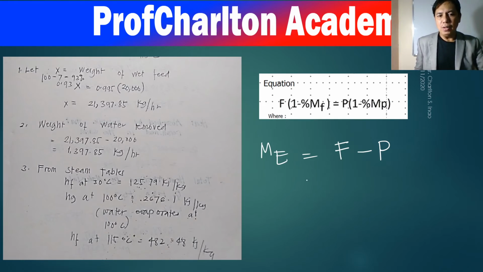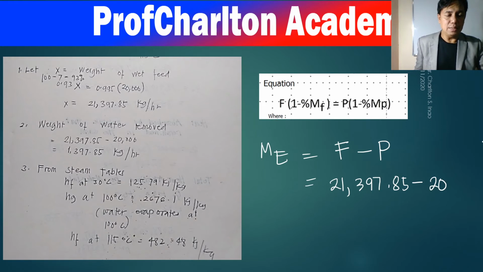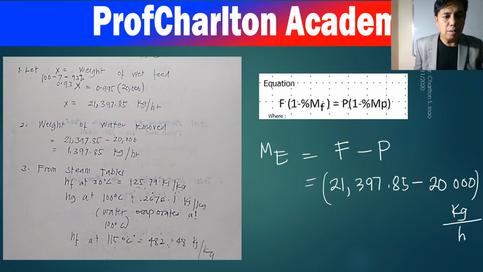So we already have the mass flow rate at the feed. What is that? 21,397.85 minus the product. Now the product output is 20 metric ton. That is the design, that's the target. 20 metric ton meaning 20,000 kilogram per hour. So both of these have the unit of kilogram per hour. So when you have 21,397.85 minus 20,000, it's easy.